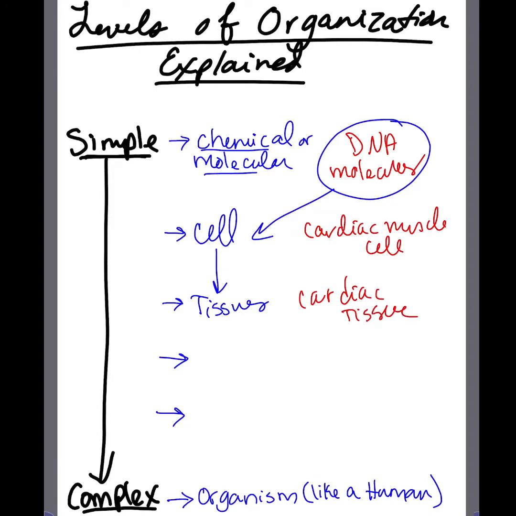Then from tissues, when they combine together, we're going to form an organ. And when these organs combine together, we form an organ system. So in this case, the example of the organ is going to be the heart.